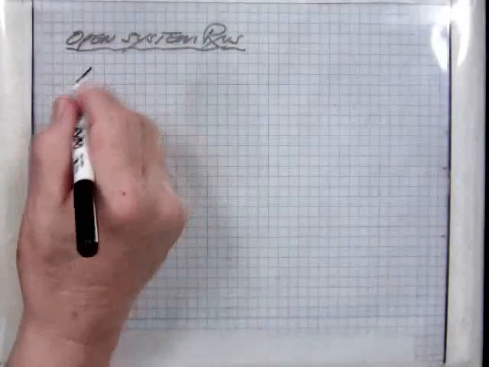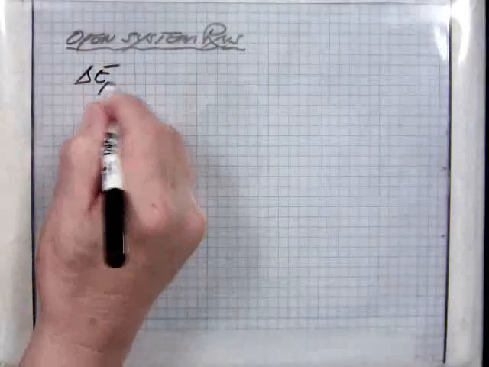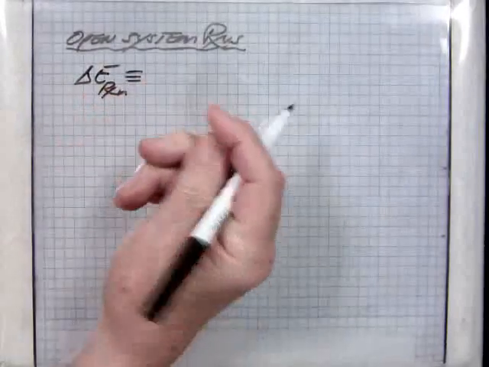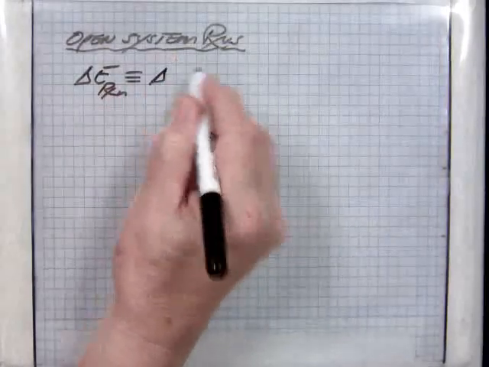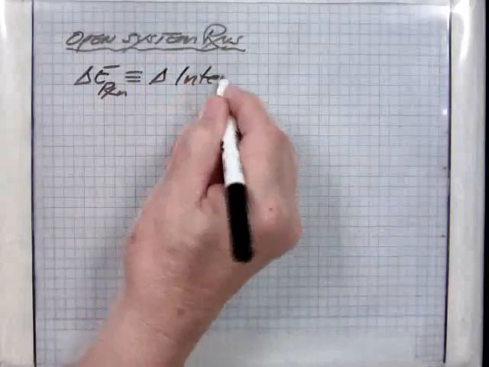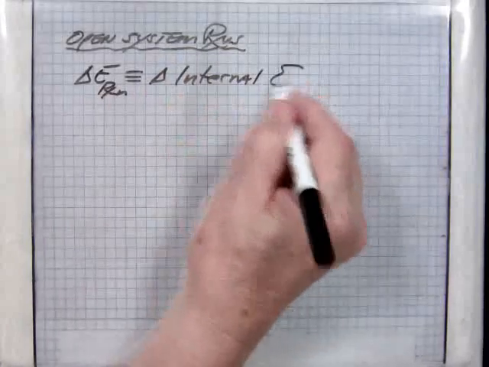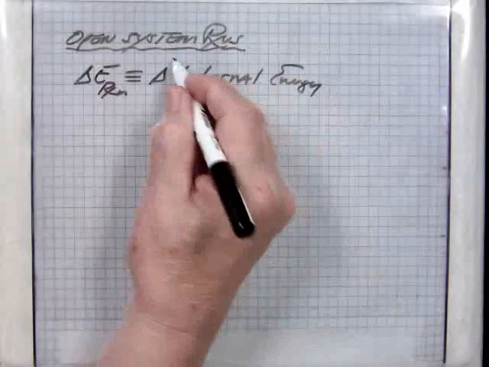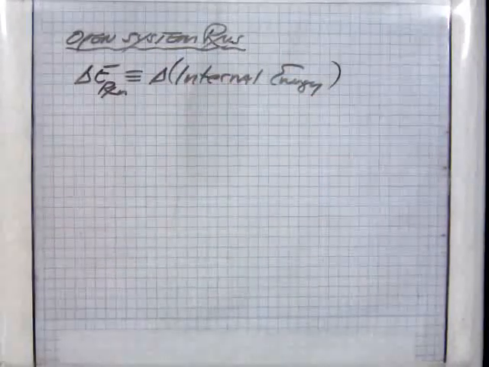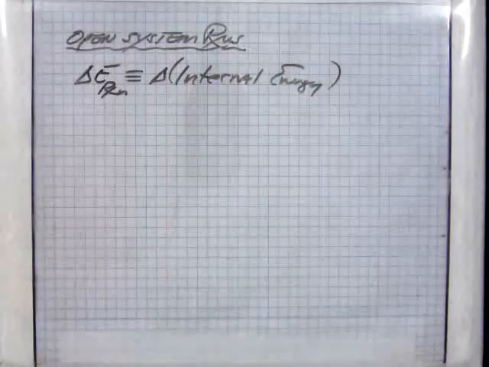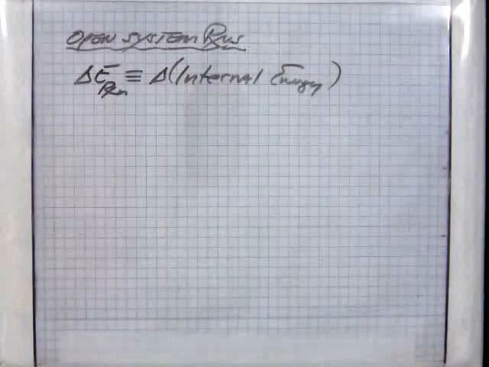In thermodynamics, the change in energy of any reaction is referred to as a change in internal energy, which is energy due to its state of existence and its chemistry or chemical structure.